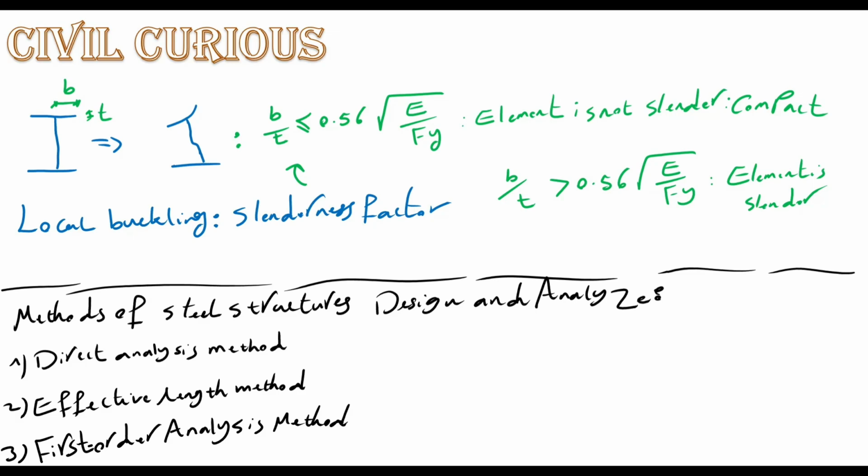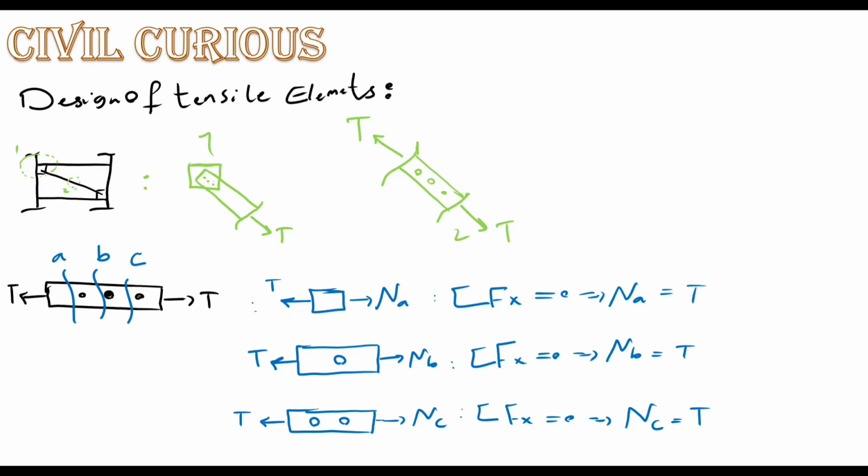I told you that we know this with a slenderness factor, which has a relation. Then I introduced some methods for analysis and design of steel structures: direct, effective lengths, and first order analysis. Then we entered the topic of designing tensile elements.